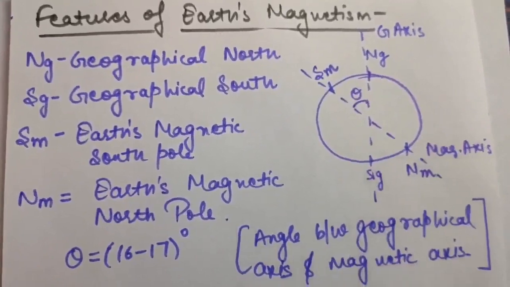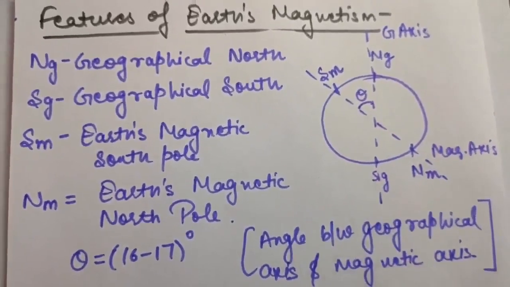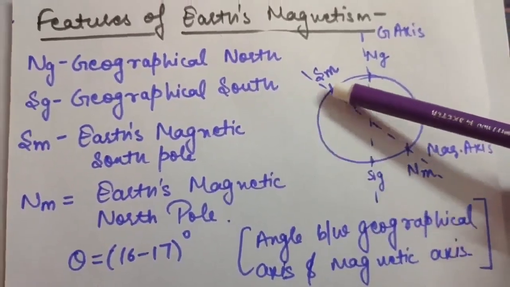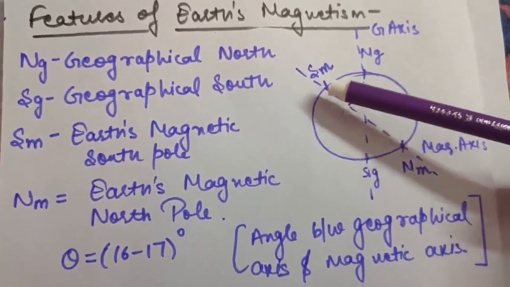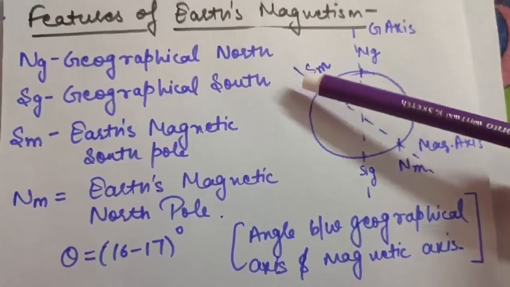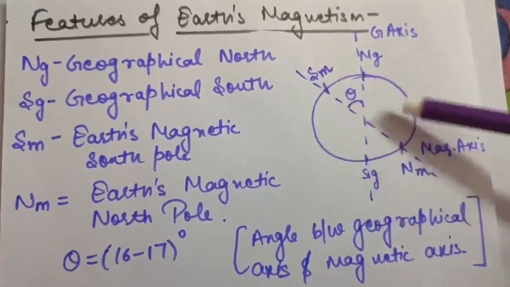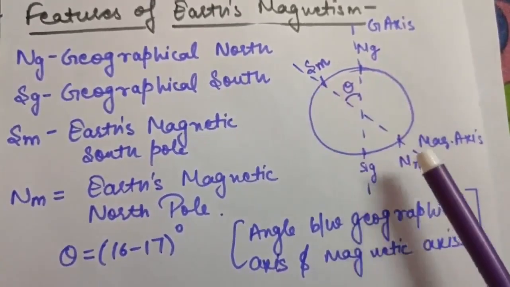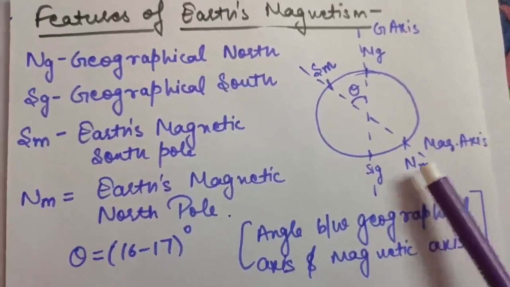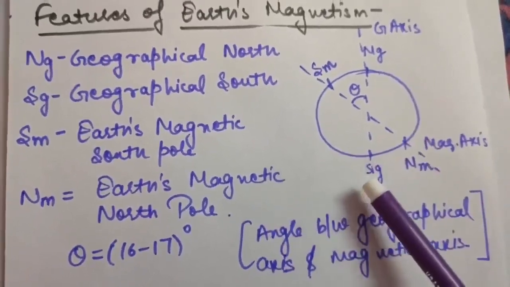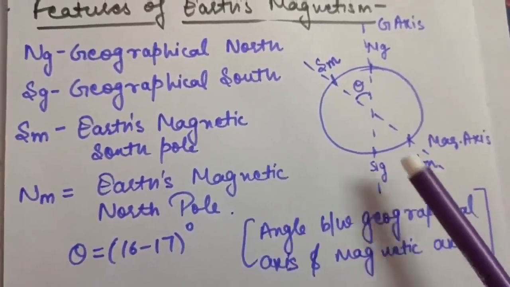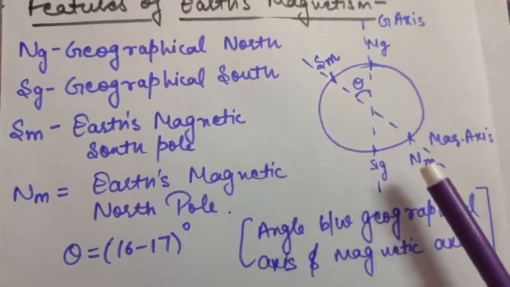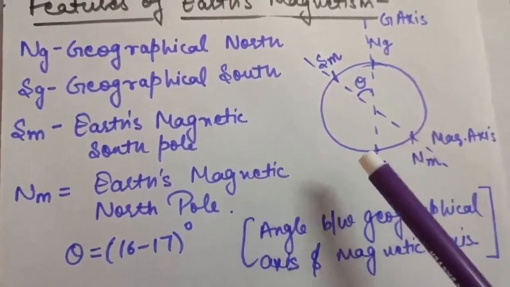But as you know, there is always a repulsion between north and north. So this is possible only when a south magnetic pole is there near the geographical north. That means the south magnetic pole of Earth's magnet is lying towards the geographical north and the magnetic north pole of Earth's magnet is lying towards the geographical south. SM and NM are the south magnetic pole and north magnetic pole of the Earth.